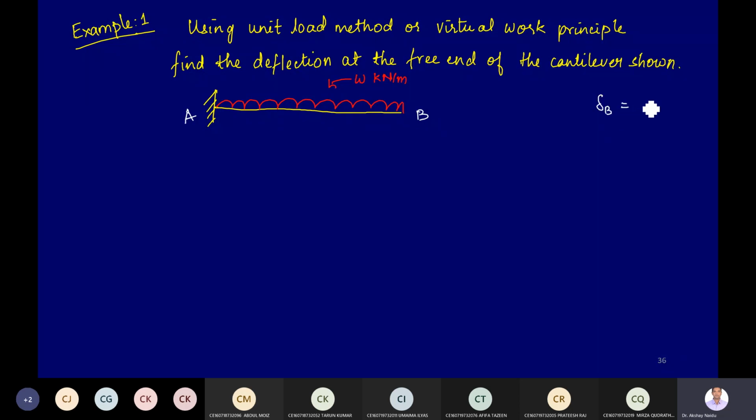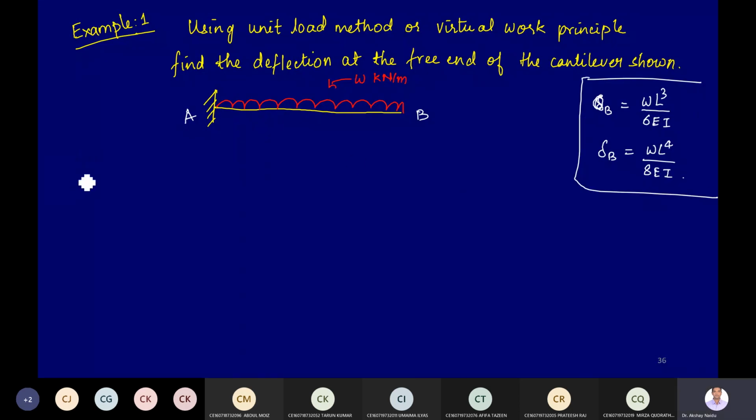We know what it is? W L cube by 6 EI. No, that is the slope theta. And delta B is W L power 4 by 8 EI. We know this, we want to find it.